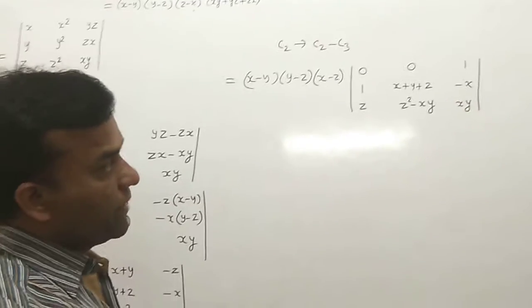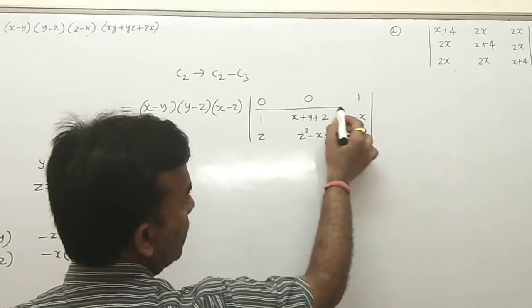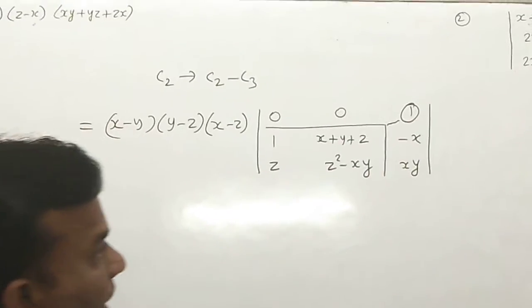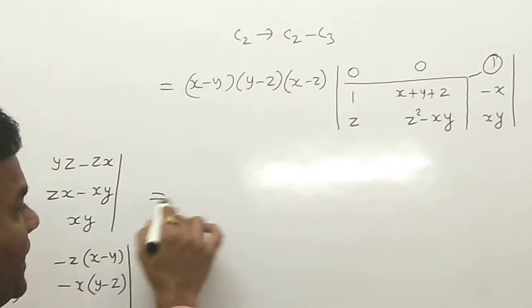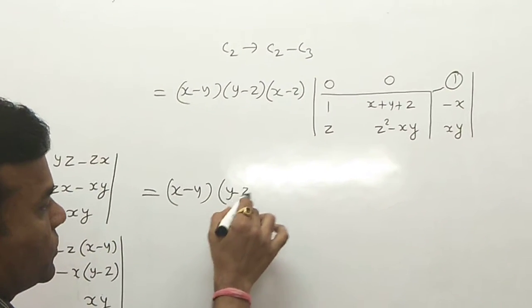Okay, now what is the concept? You have 2 zeros in the pair, then you expand, you write down the concept of expansion, and the third element is in multiply. So the rest of the elements you write down in a determinant of 2 by 2.